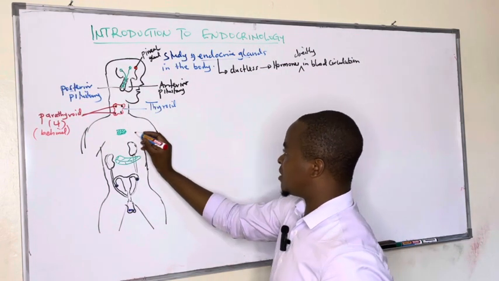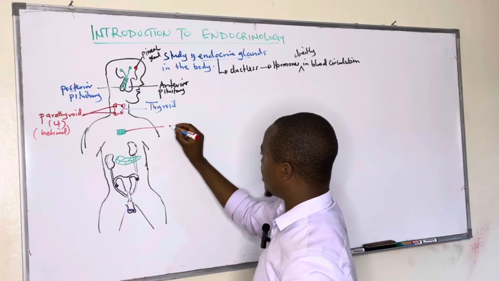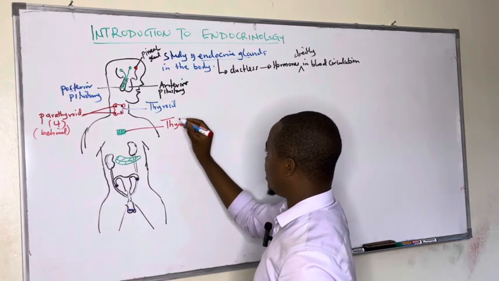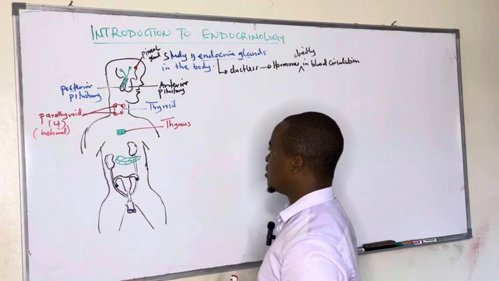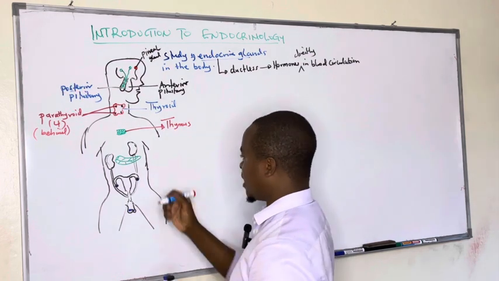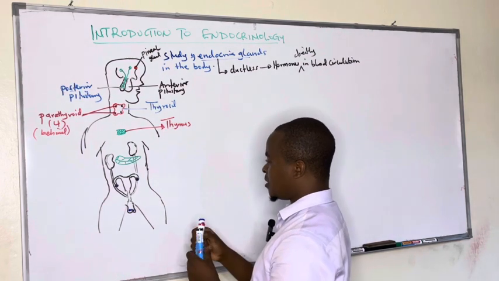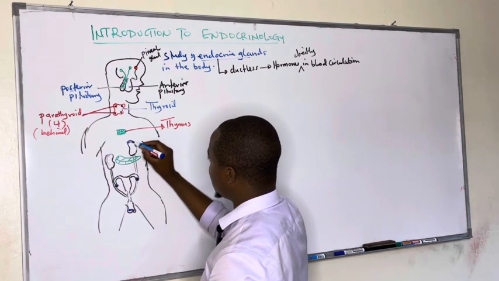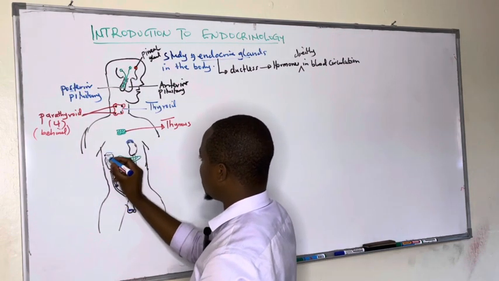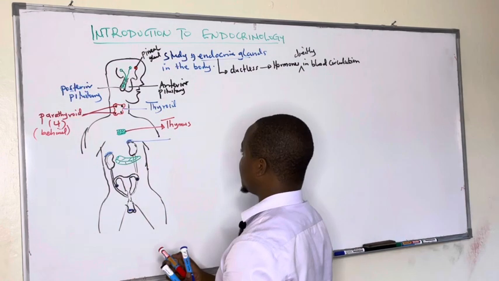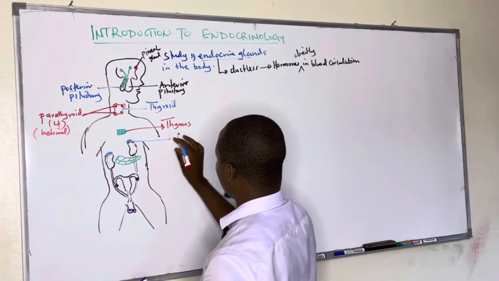Then from there we see another gland here known as the thymus. The thymus gland is also an endocrine gland. Then we see another gland found on the surface, on top of the kidneys, and this gland is known as the adrenal gland.